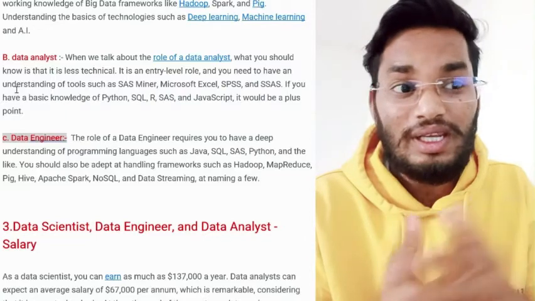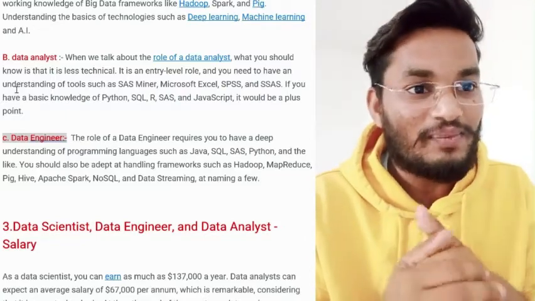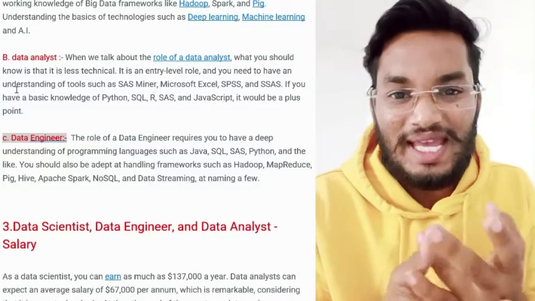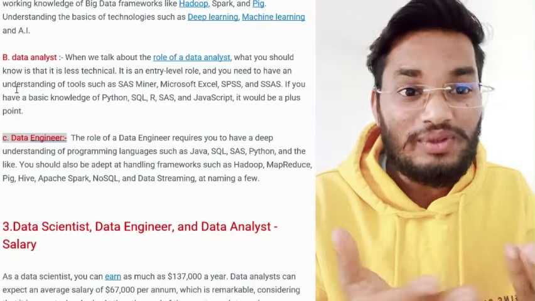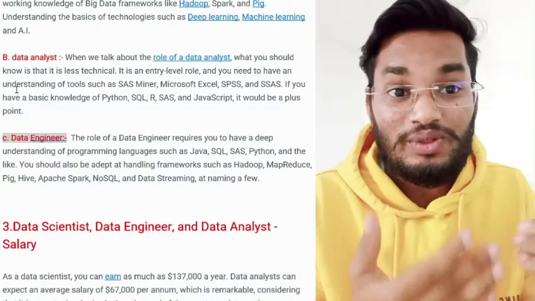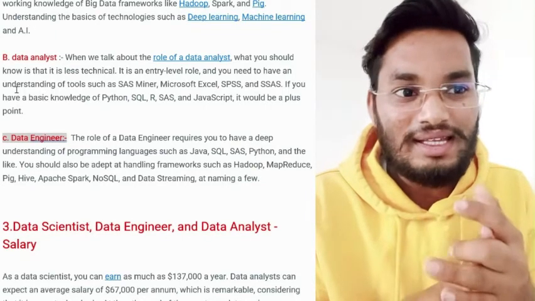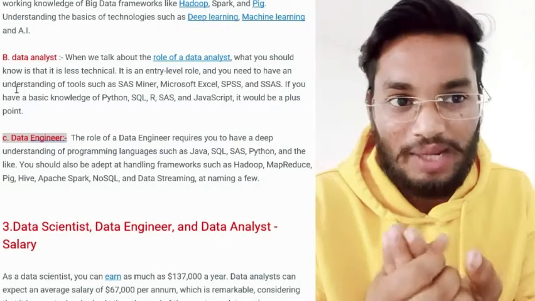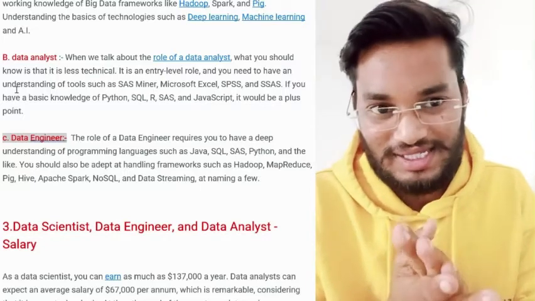You need to have an understanding of tools like Microsoft Excel, SPSS, and SAS, and so on. If you have basic knowledge of programming languages like Python, SQL, R, and JavaScript, it will be a plus point for you as a data analyst.